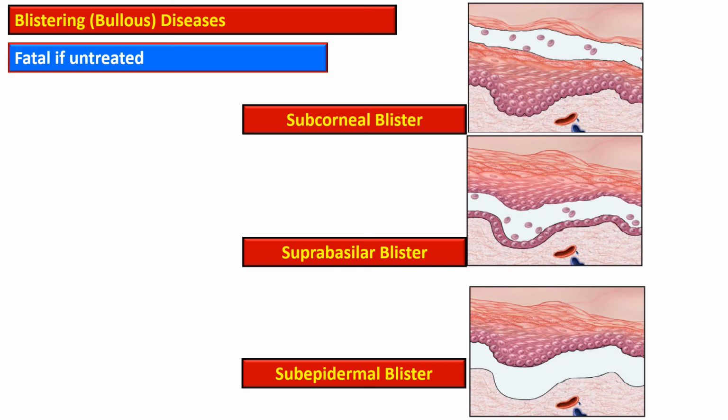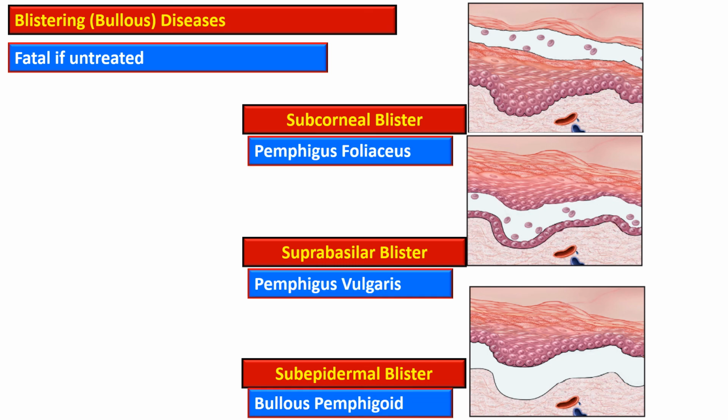In the subcorneal blister, the roof of this blister is formed by stratum corneum, while the rest of the epidermis forms the floor. While in suprabasilar blister, the basal layer is separated from all the above layers of the epidermis, while there is complete separation of the epidermis from the dermis in subepidermal blister.